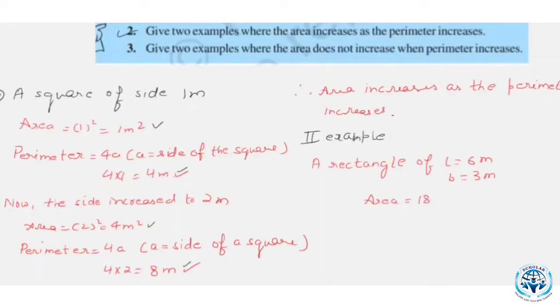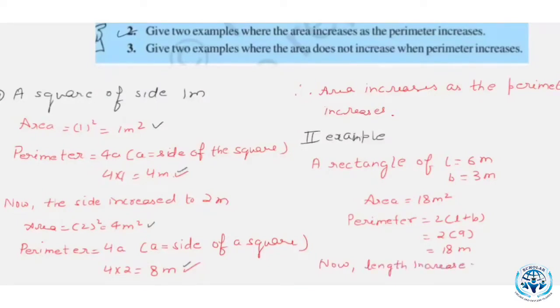Area will be length into breadth, 6 times 3 is 18 meter square. Perimeter will be 2 into (l plus b), that means 9 into 2 is 18 meter. Now perimeter and area are 18 meter and 18 meter square respectively.